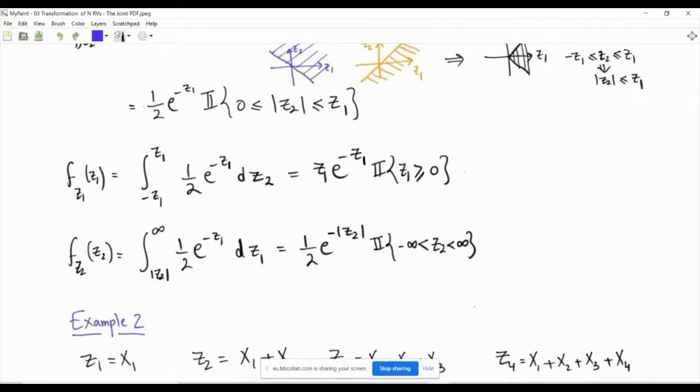Like what if you have x and y, and you are interested in the PDF of the sum, or the PDF of x over y. Now what if we have n random variables, and from them we generate new n random variables, and we want to find the joint distribution of the new n random variables.